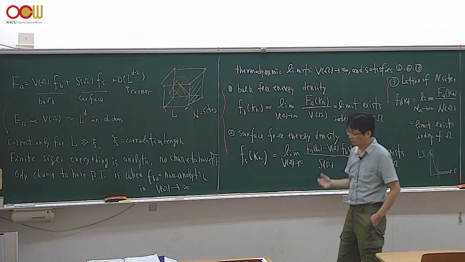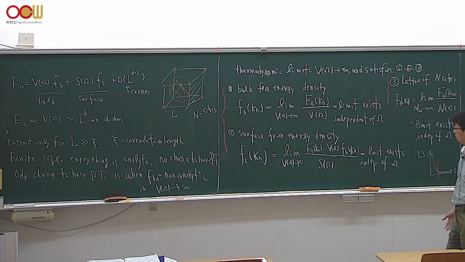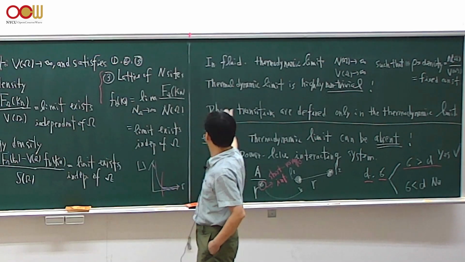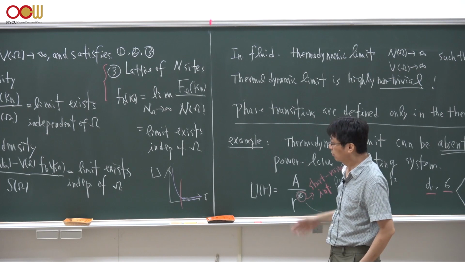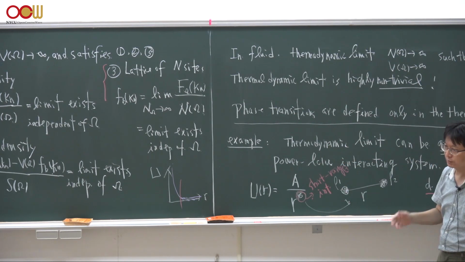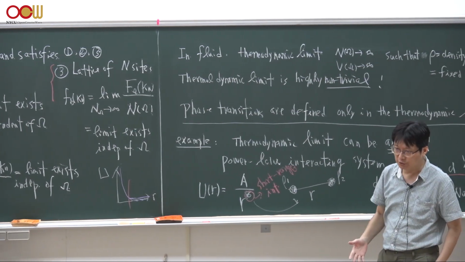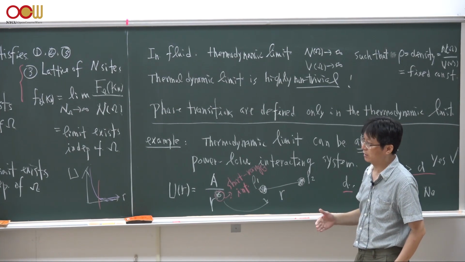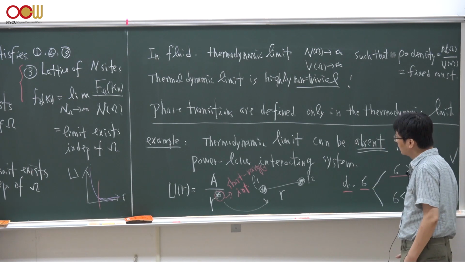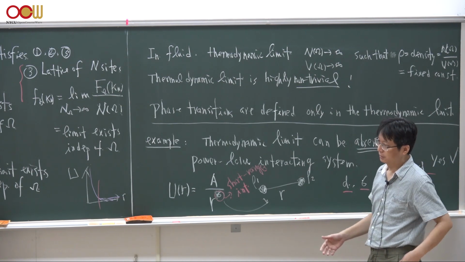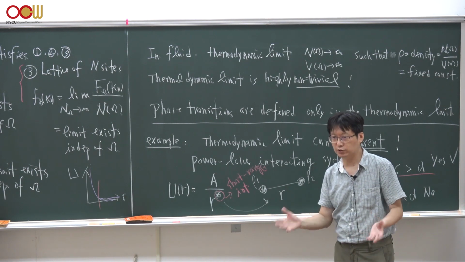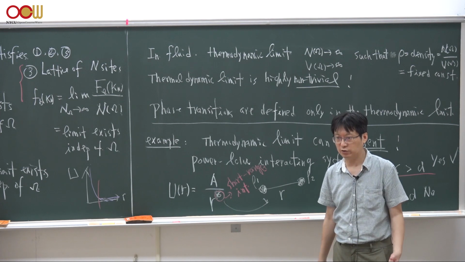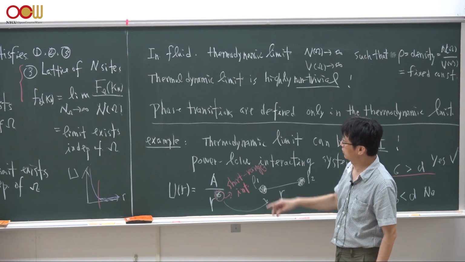Therefore, this leaves us the only possibility to have non-analytic behavior of the free energy density, which is in the thermodynamic limit. The word thermodynamic limit is something new to, I believe, all of you, because it is a really advanced concept in the context of statistical mechanics. But it's not unheard of, because in reality, all the experimental materials that you could measure in the lab are considered to be systems large enough that the system size goes to infinity.